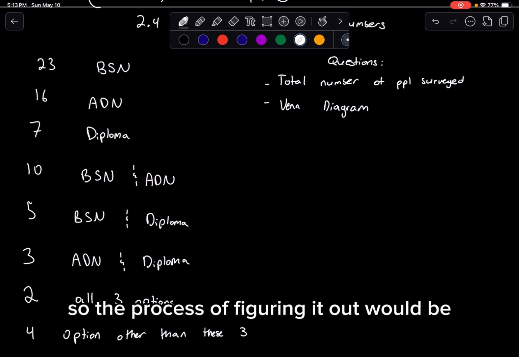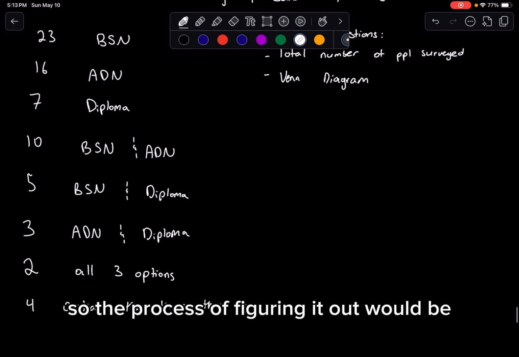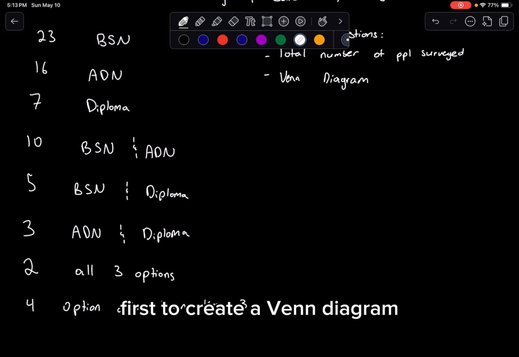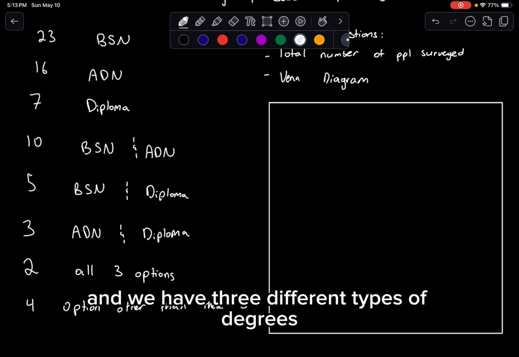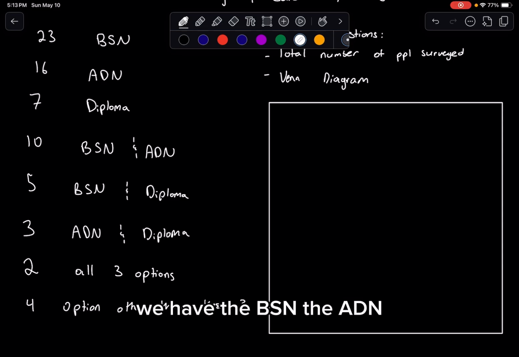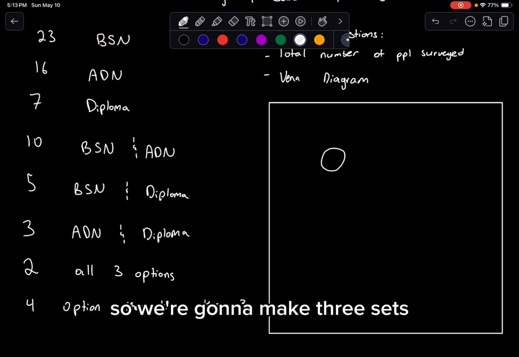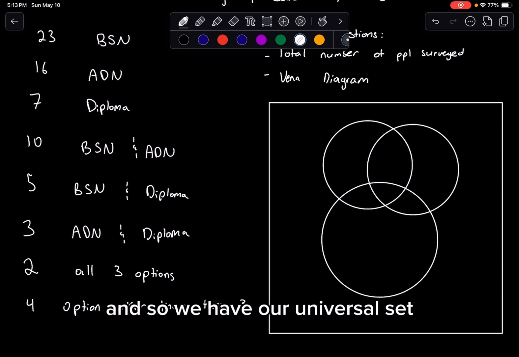So the process of figuring it out would be first to create a Venn diagram. We have 3 different types of degrees: the BSN, the ADN, and the diploma. So we're going to make 3 sets. And so we have our universal set.